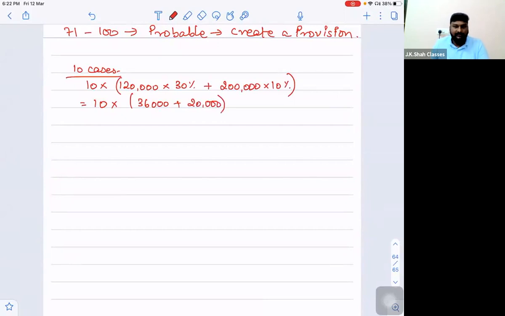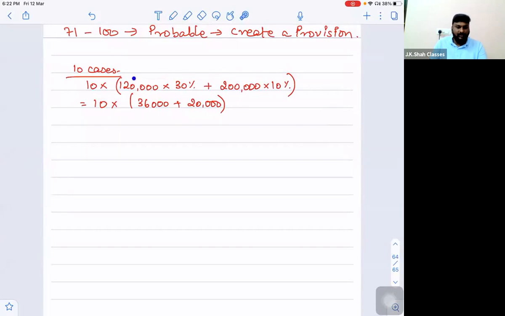Now, please understand, I cannot give a bigger or a huge amount with respect to a contingent liability. That will not be a correct estimation. So what I'll say, sir, the probability of 1,20,000 loss is only to the extent of 30%. And the probability of 2 lakh loss is only to the extent of 10%. So since probabilities of both of them are given and the total probability is 40%, take the total of this.